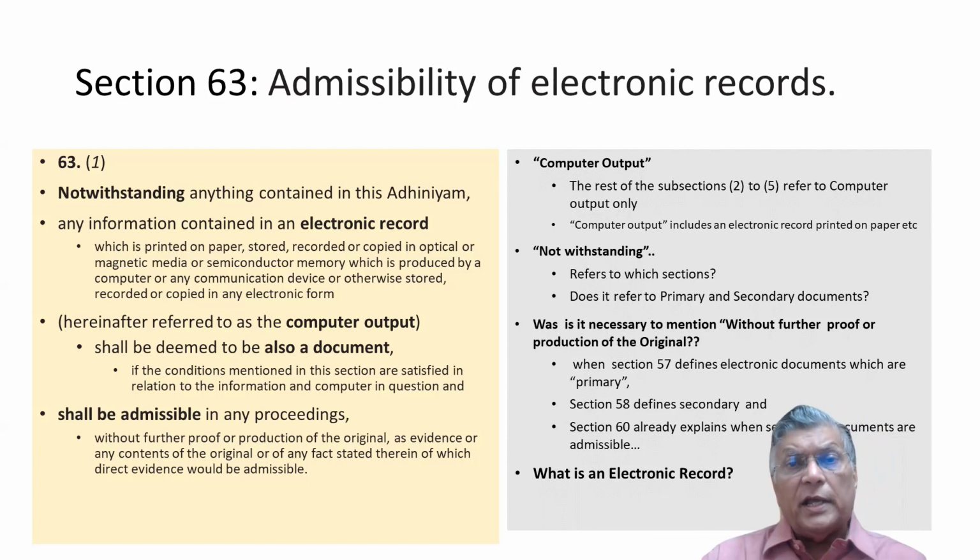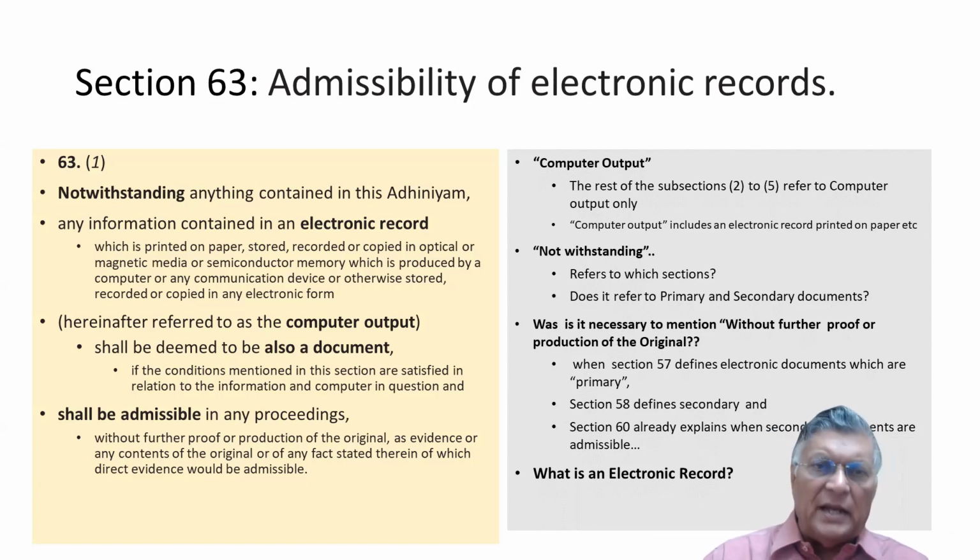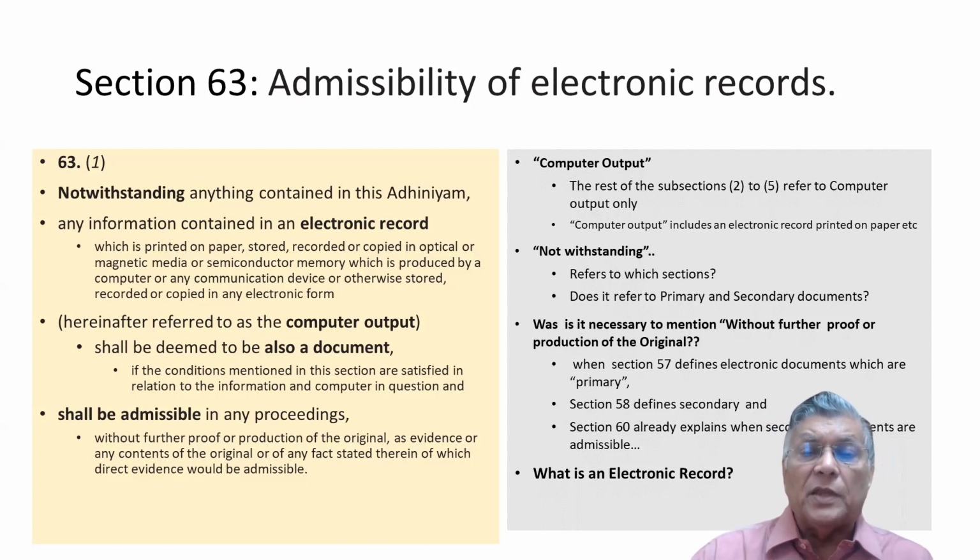Therefore, a communication device was automatically considered as a computer. There was no need to bifurcate the communication device and the computer. In fact, the Supreme Court got confused about the communication device and the computer way back in the Section 66A decision itself.